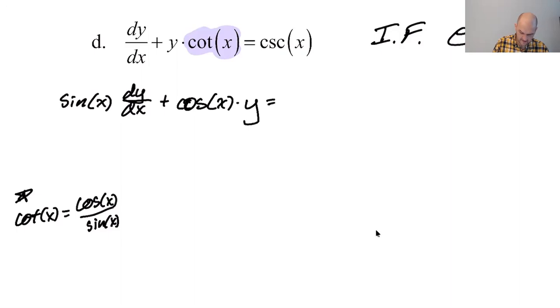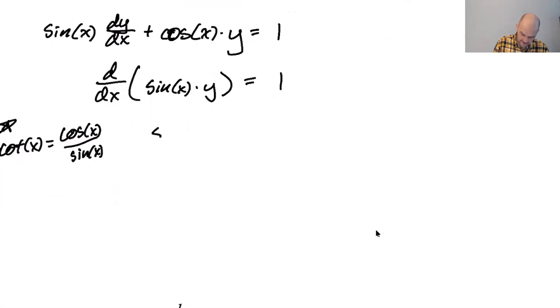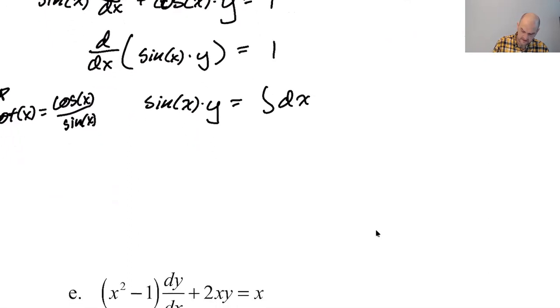And then sine times cosecant is just 1. If we did this right, the left-hand side is going to be the derivative of sine times y, which it is. Look at it. So integrating both sides, I'll get sine times y is the integral of dx.